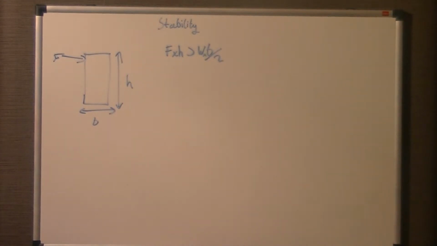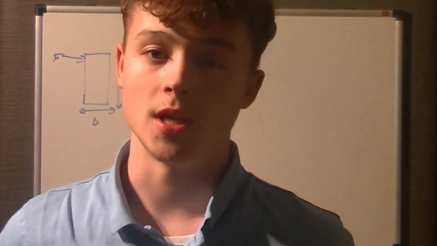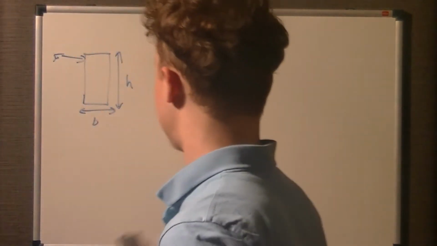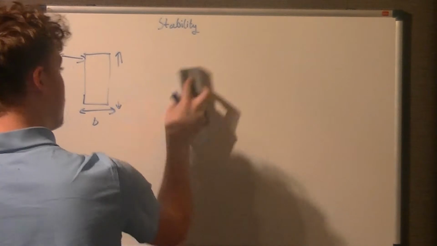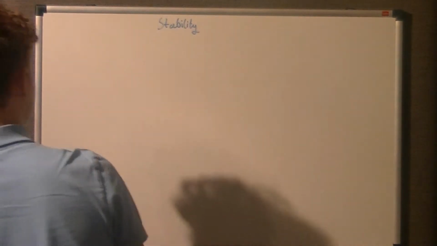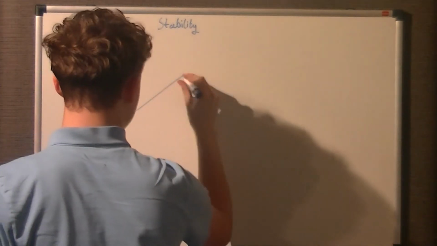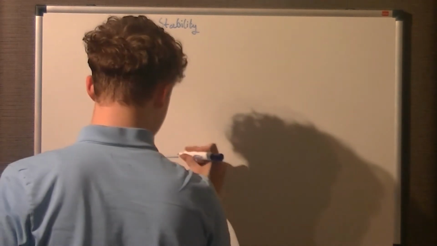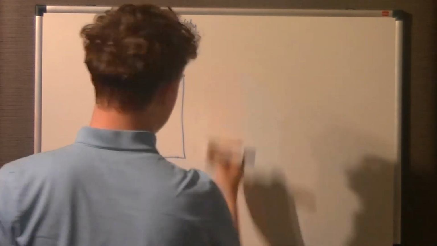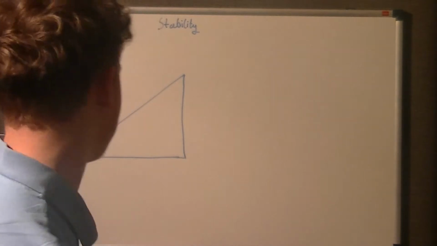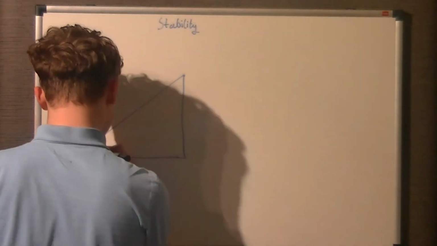We've already talked about the slope thing if you watch my other videos, where mg cos theta and mg sin theta come in, but I'll just go over it again. So assuming we've got an inclined plane, and we're going to use this inclined plane for some other stability questions in a minute.